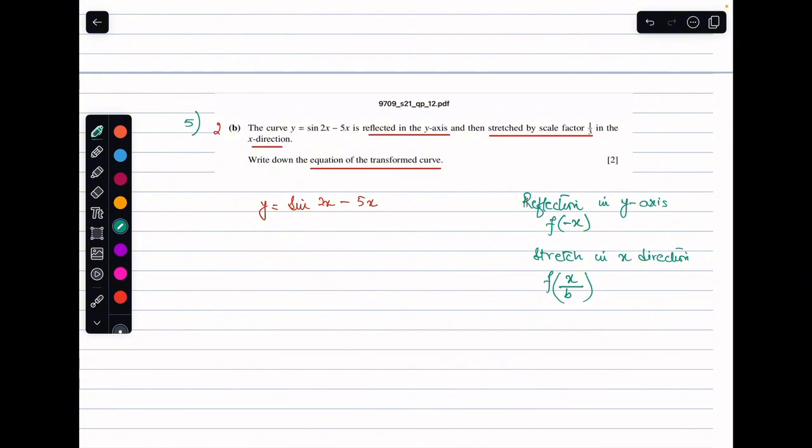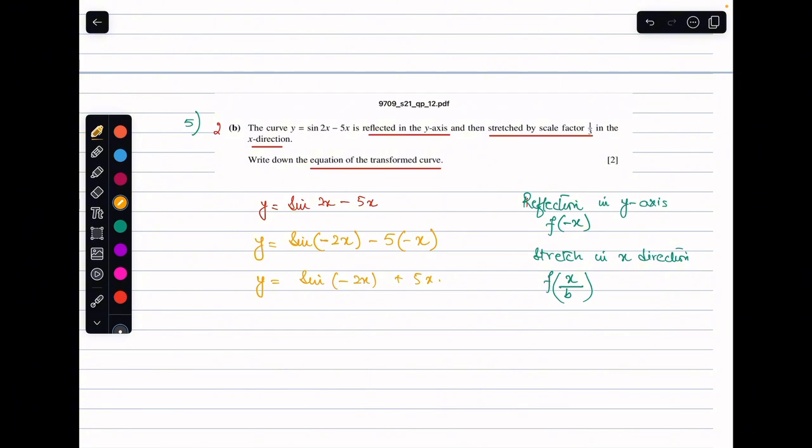So if I go for the first transformation, which is reflection in the y-axis, then y should be equal to sine of, because it's the reflection, this x should get multiplied by negative, so negative 2x, and for minus 5x, this should also get multiplied by a negative, leaving us with y equals sine of minus 2x plus 5x.